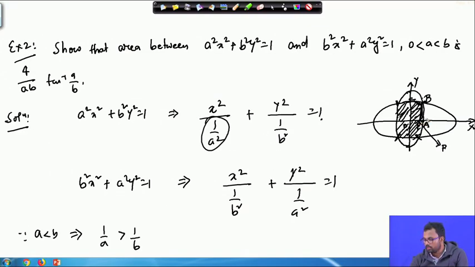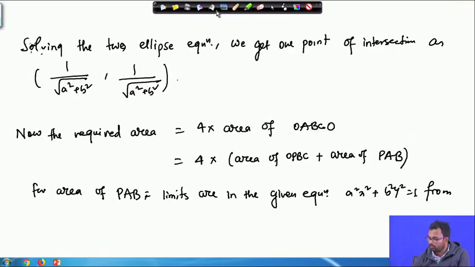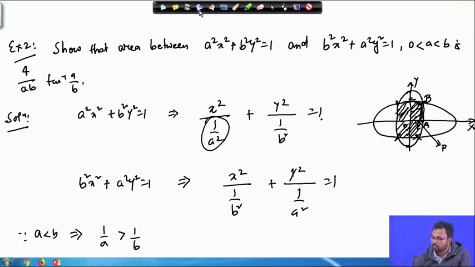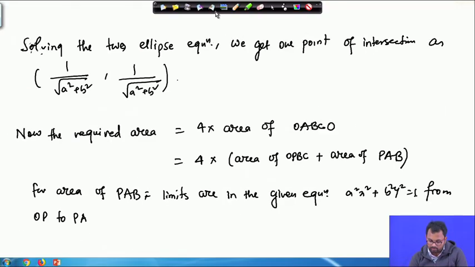This point is basically A, and OP is basically 1 by square root of A square plus B square.